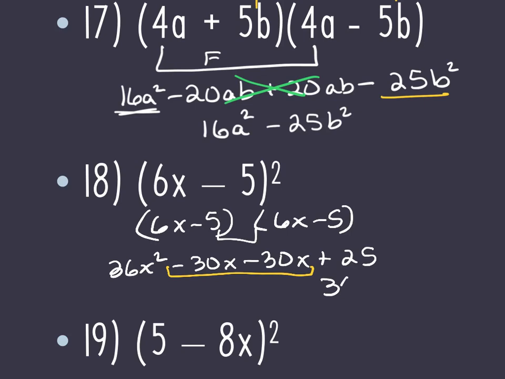Final answer here, 36x squared minus 60x plus 25. Many students will get this wrong on Friday when you take this quiz. So just be careful. You need to FOIL or memorize the pattern.